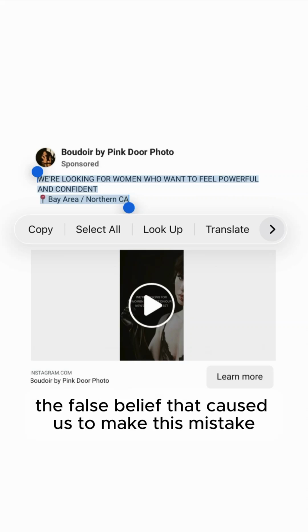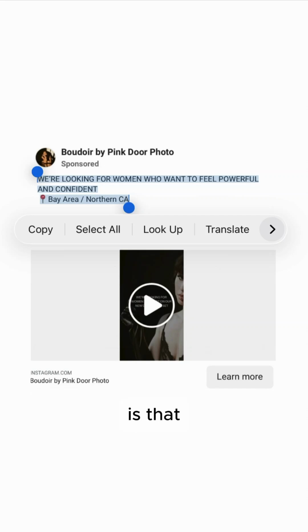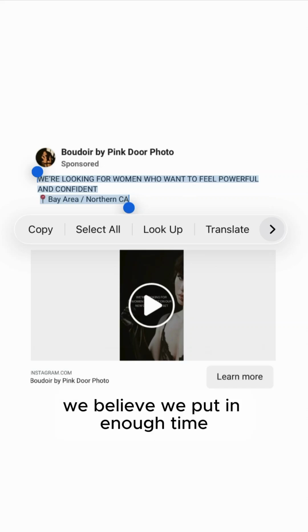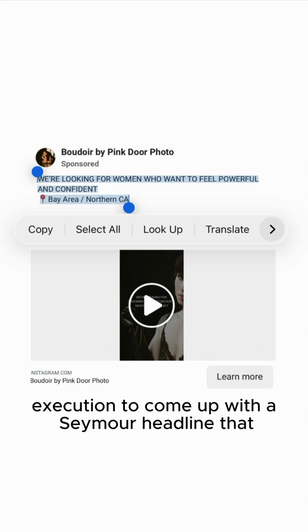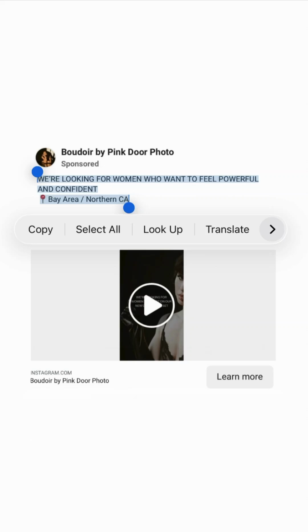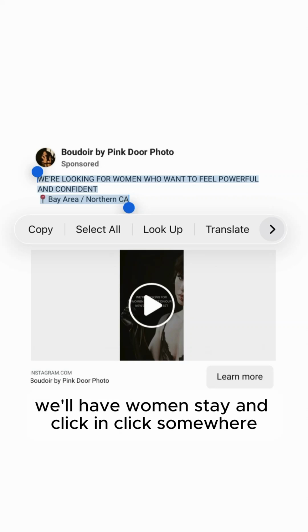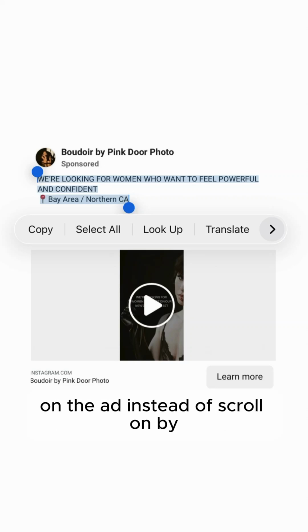lack of context mistake. The false belief that caused us to make this mistake is that we believe we put in enough time and enough planning and execution to come up with a See More headline that will have women stay and click somewhere in the ad instead of scroll on by.